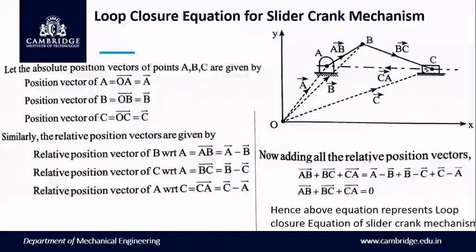Similarly, if we move on to the loop closure equation for slider crank mechanism, here also we have two types of vectors, that is absolute position vector and relative position vector.